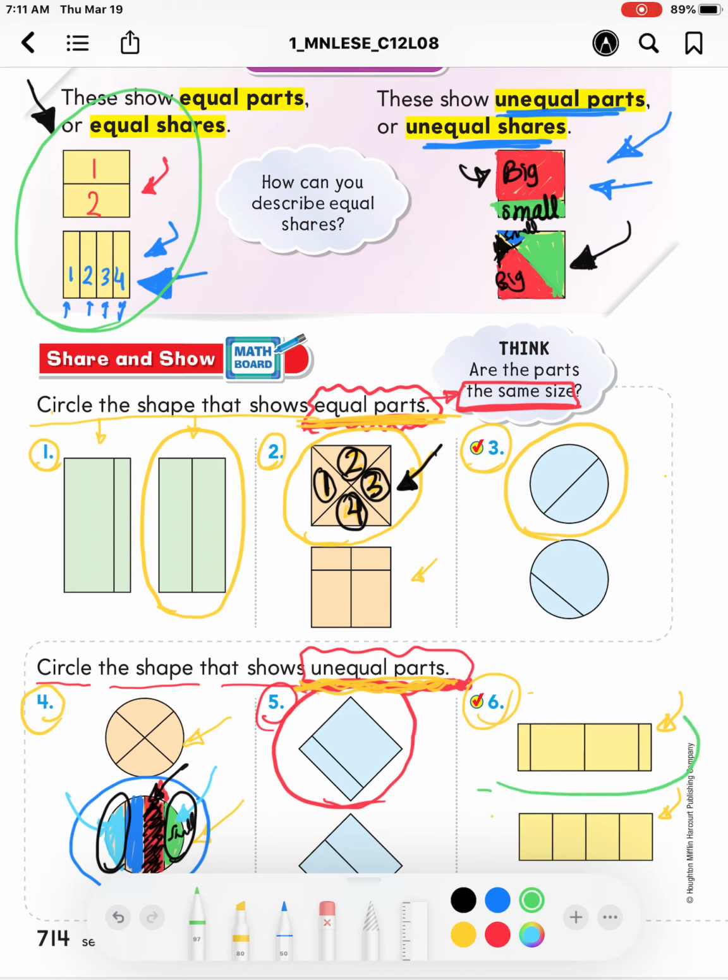Of course, the upper one. Because the bottom one shows 4 equal parts. But here you can see it easily. There are big parts and small tiny ones. So they are not of the same size. Some are big and some are small. Those are unequal parts or unequal shares. So we can call it unequal parts or unequal shares.